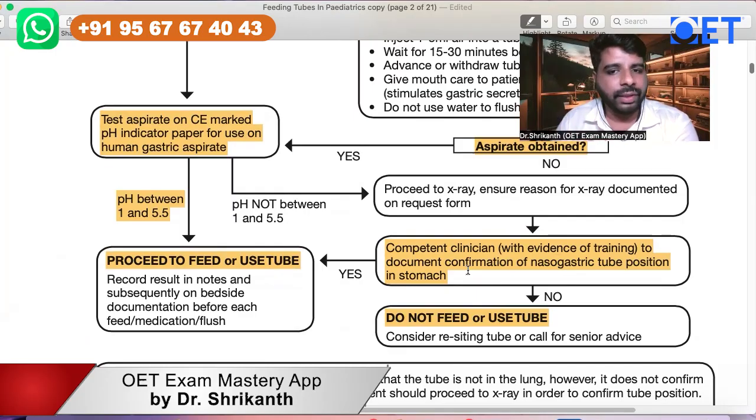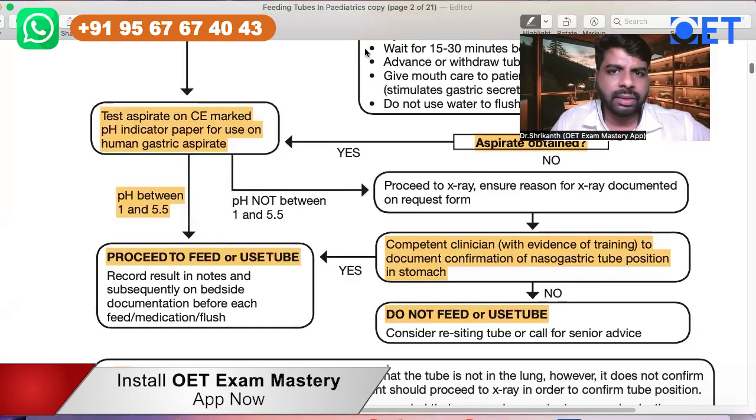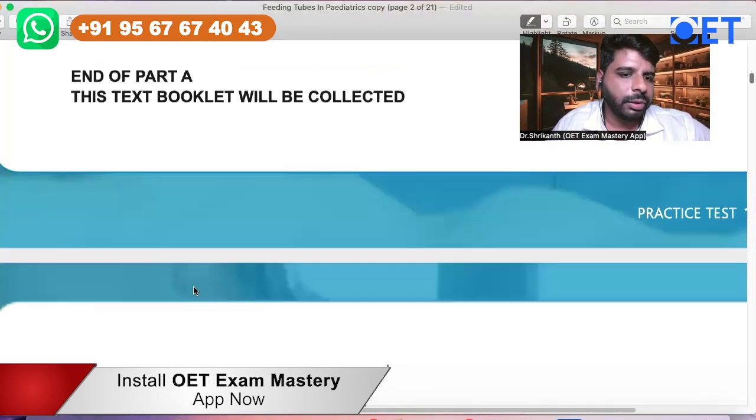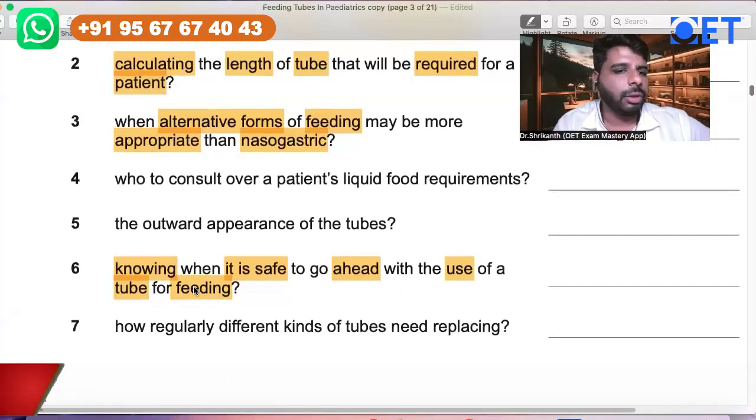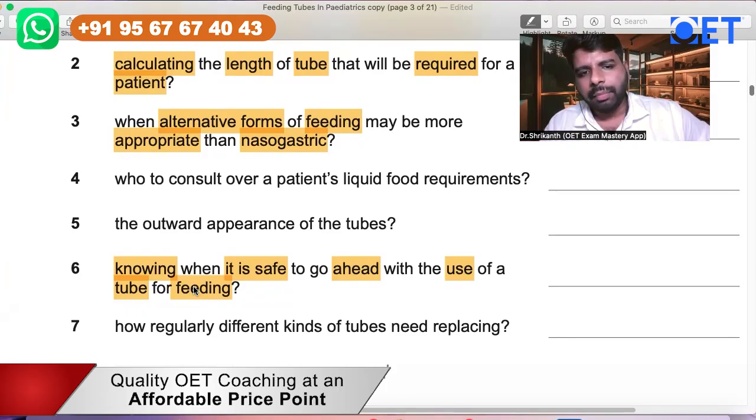It is safe for us to proceed with the tube. This is the situation where we can say it is safe for the feeding tube to be used. So the answer to the sixth question is going to be answer option C. Again, this is a tough question paper, but you have to train yourself and do all these things.